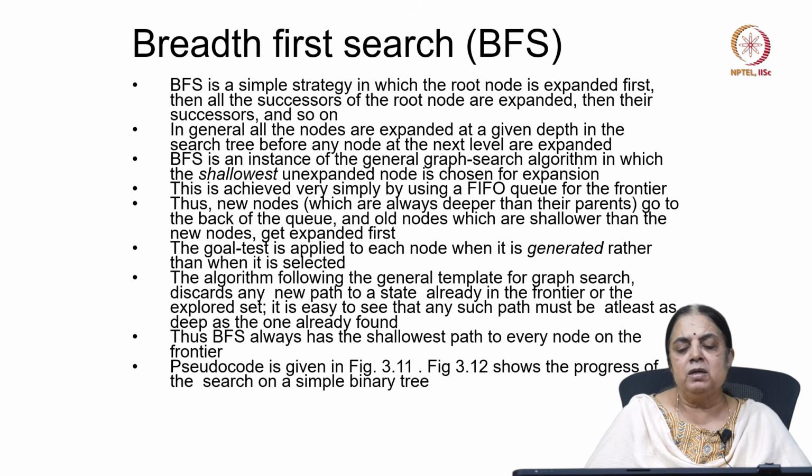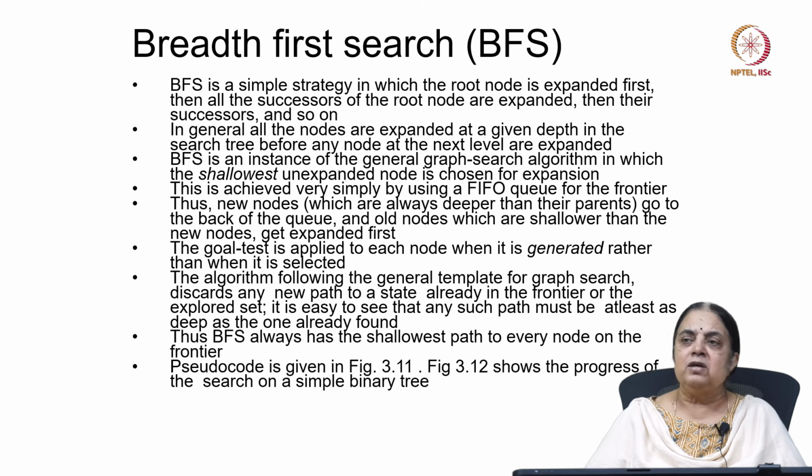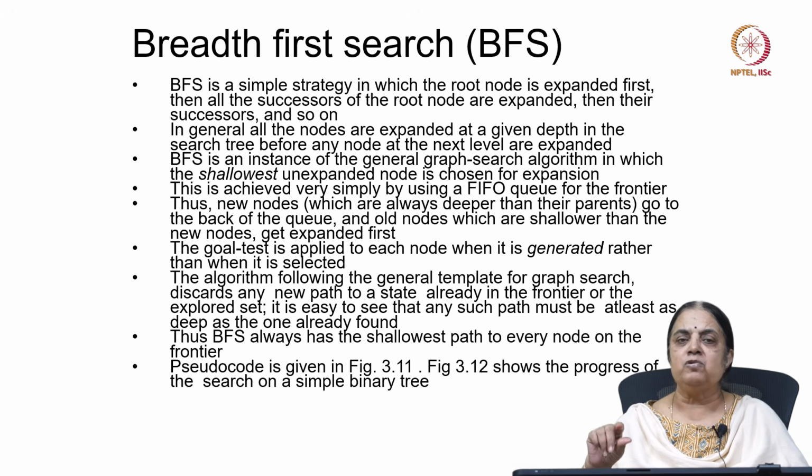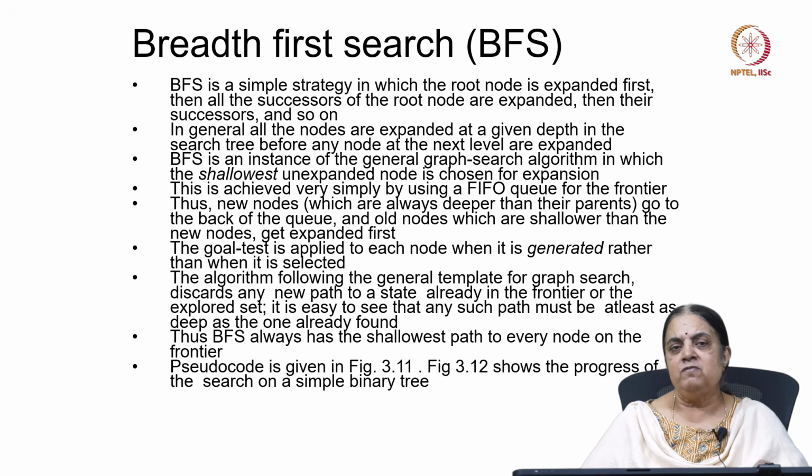If you consider the frontier, what did we say the frontier is? It's the set of leaf nodes which are there for expansion. For example, if we take the root node and it gives, say, 3 nodes A, B and C, and I take A and expand it, I get new nodes which are added onto the frontier, but the oldest node is taken for expansion first.